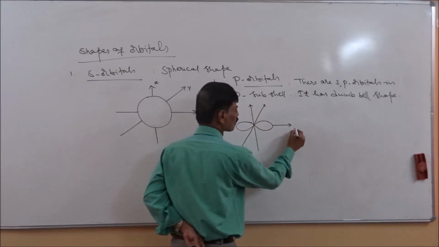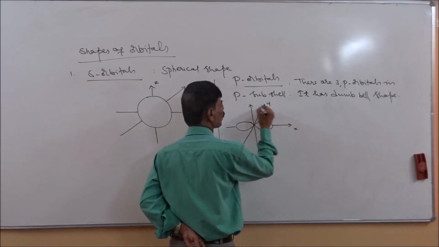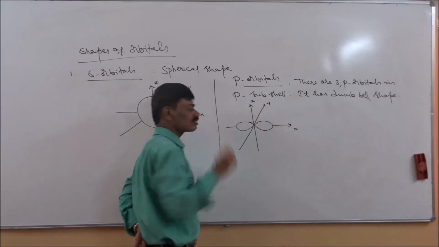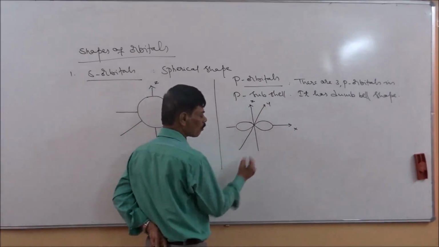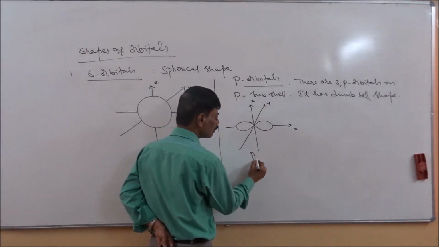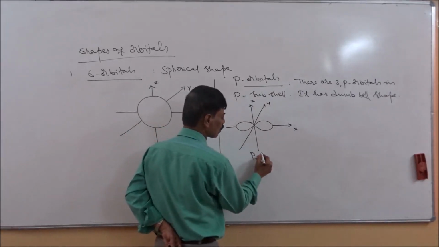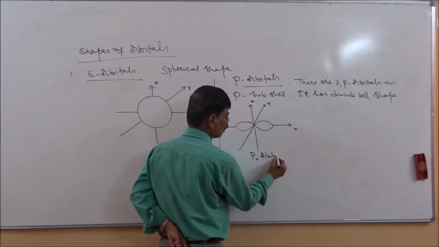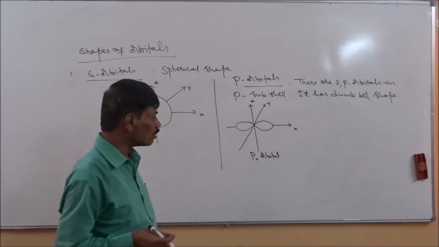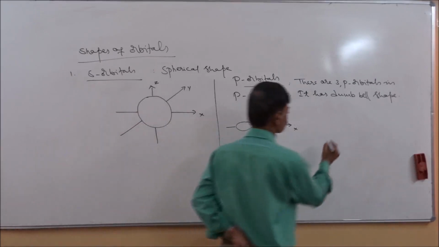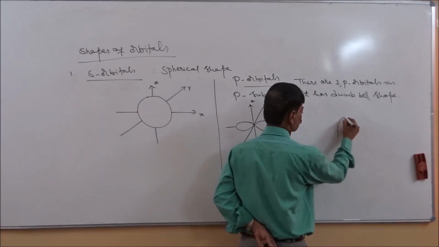This is x-axis, y-axis, z-axis. Since dumbbell is lying over x-axis, therefore it is said to be px orbital. Now I am going to show dumbbell over y-axis. It will be like this.